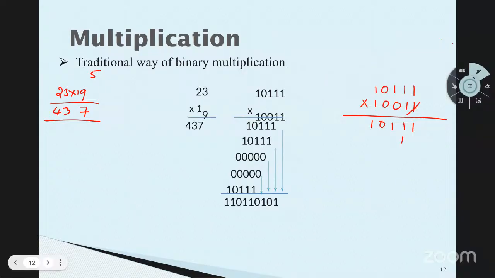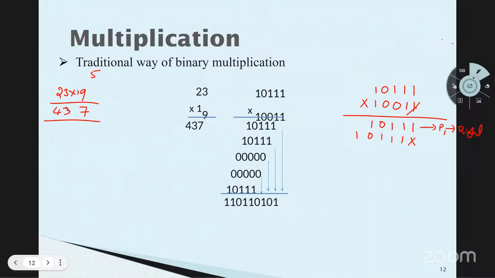Here, since there is 1, you can put the cross mark here. We are not using that place. Next 1 1 1 0 1. This is called the first product. This product is moving to the right hand side.